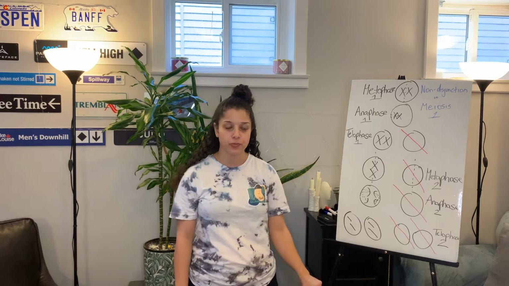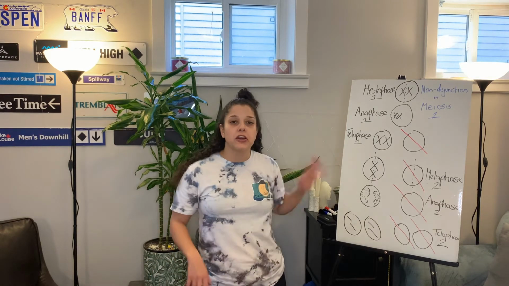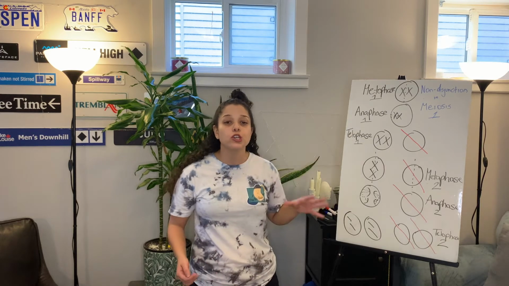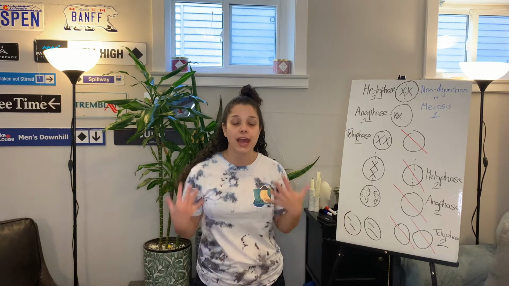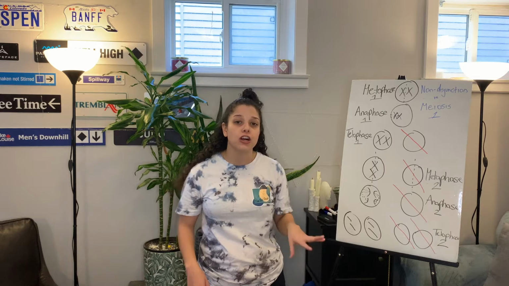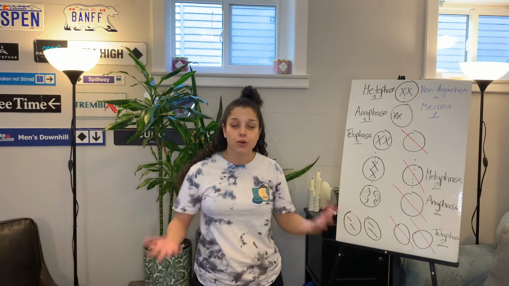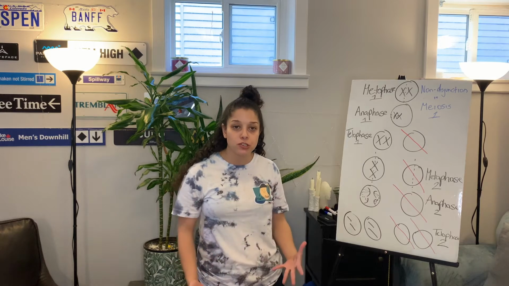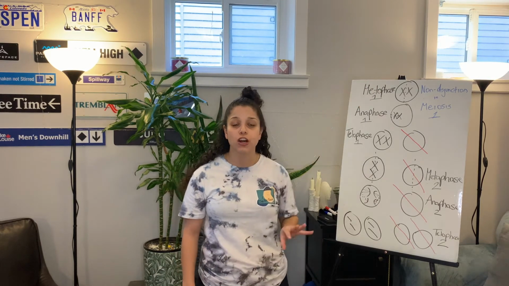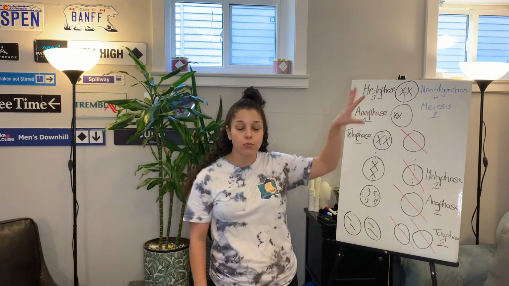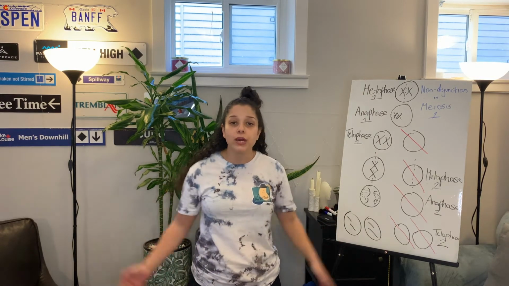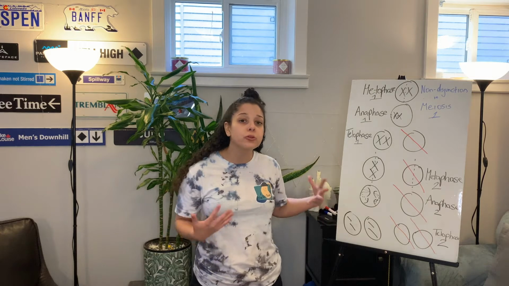So you have to remember, when we're looking at diagrams like these, they are simplified diagrams. I've simplified it to only show you a single chromosome pair, and we're looking at non-disjunction that occurs within that single chromosome. We have to remember that humans contain 23 chromosome pairs. And so while there was non-disjunction that occurred within this chromosome, which we always call chromosome 1 just for ease of it, the other 22 chromosomes are properly segregating.